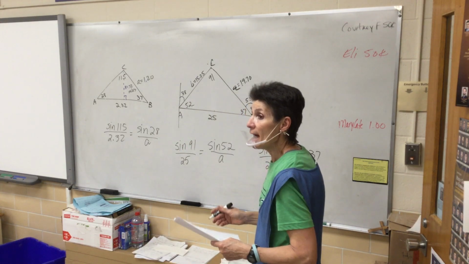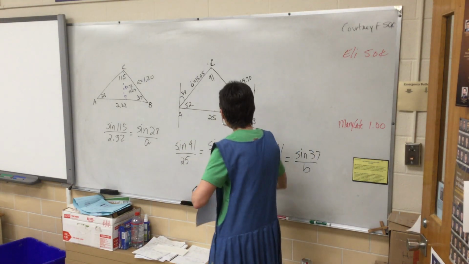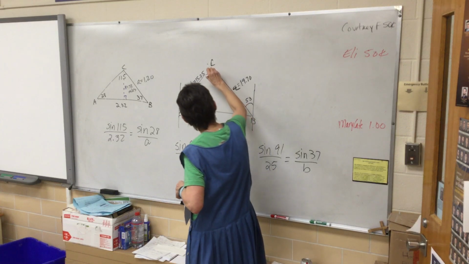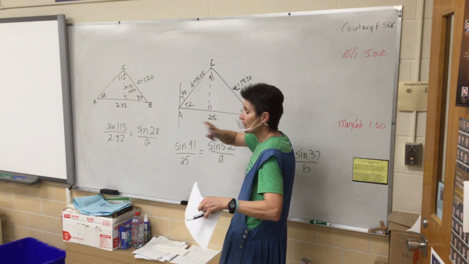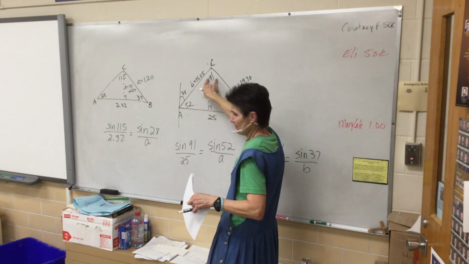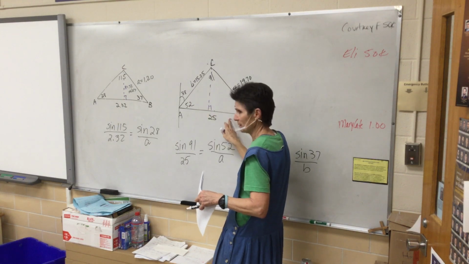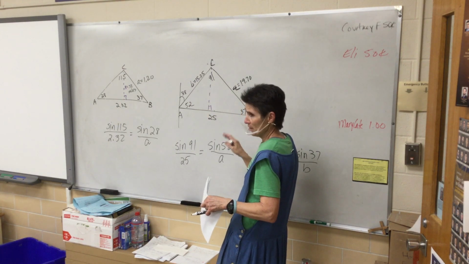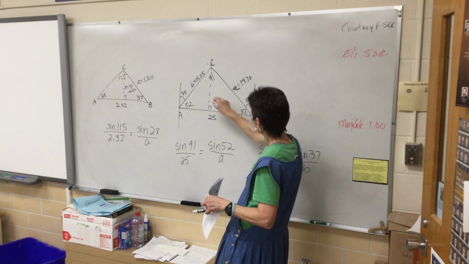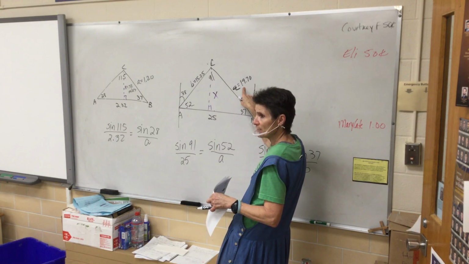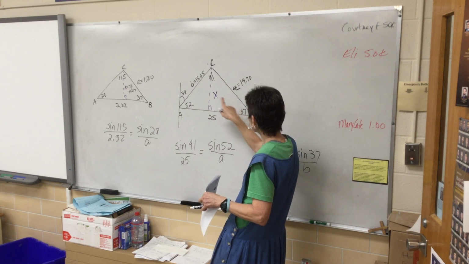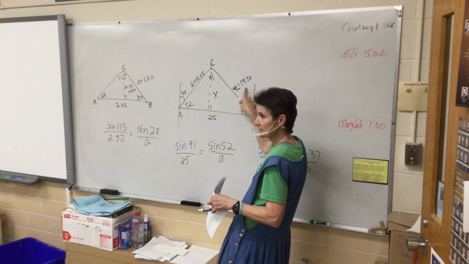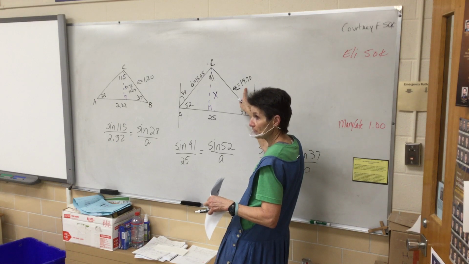Okay, now, how high is the tornado above the ground? I'm going to drop an altitude down. Don't make any assumptions. There are no assumptions to make. That's not split in half. This isn't split in half. Nothing's split in half. But we don't care because we already know this side over here. So we can say sine 37 equals x over 19.7, opposite over hypotenuse.